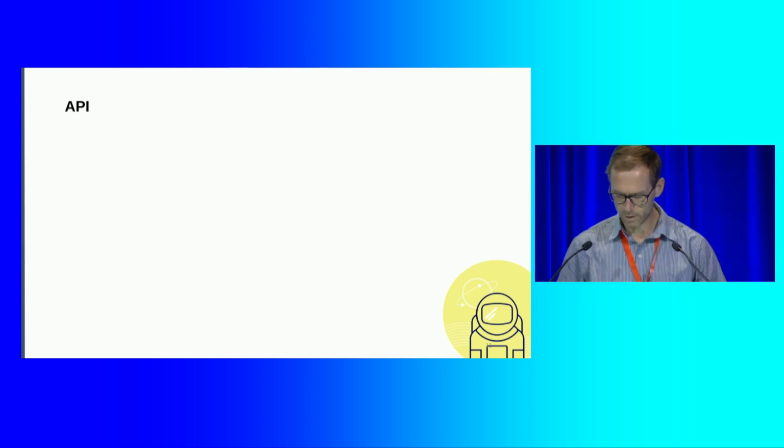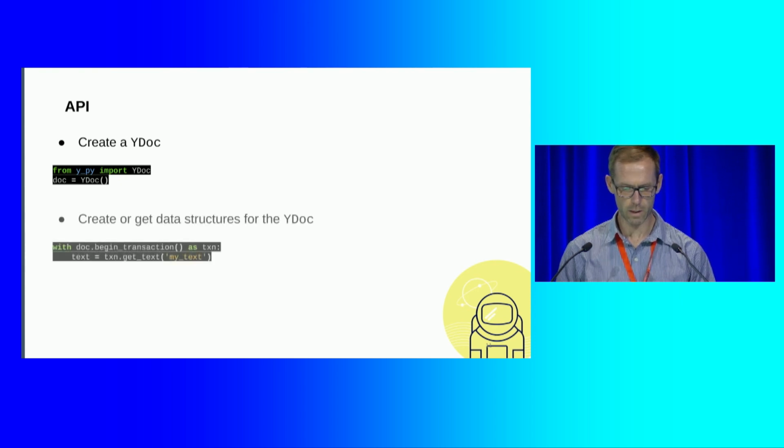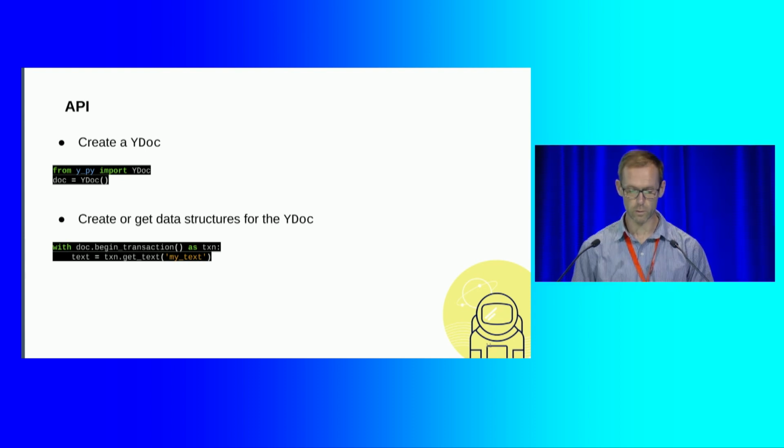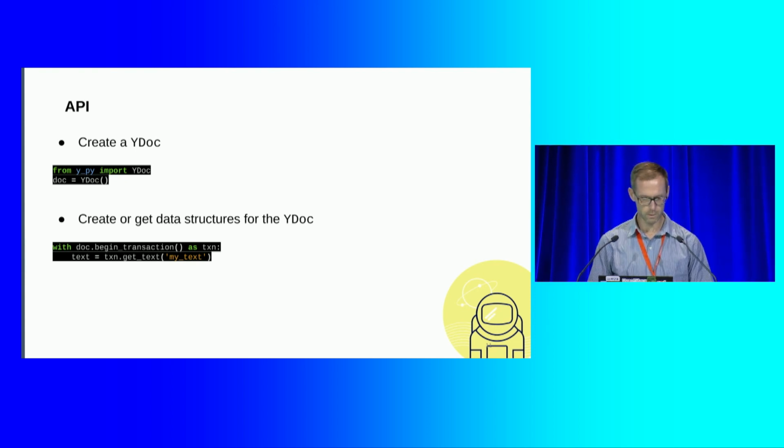Thanks, Carlos, for the overview. Now let's dive into a bit more detail about the API with some Python code. The way it works is quite simple. You first need to create an instance of a Y document, and then you start giving structure to this document. In this case, we are getting a text type from it.